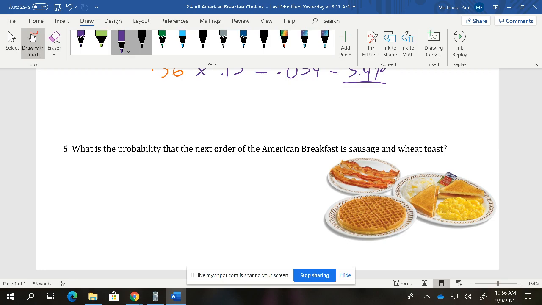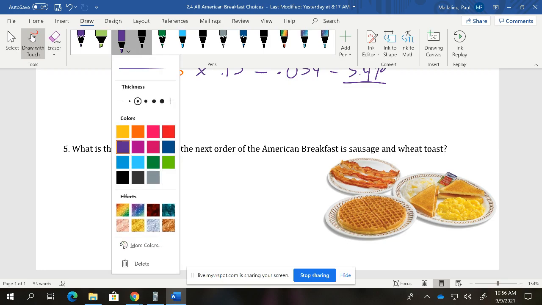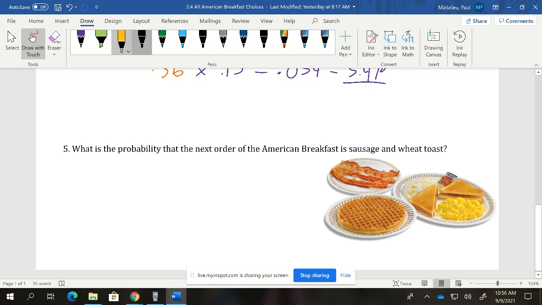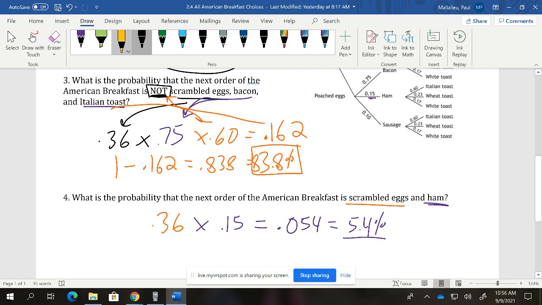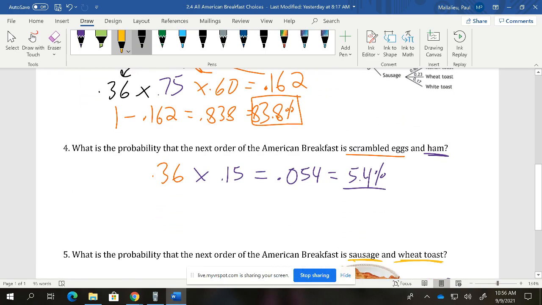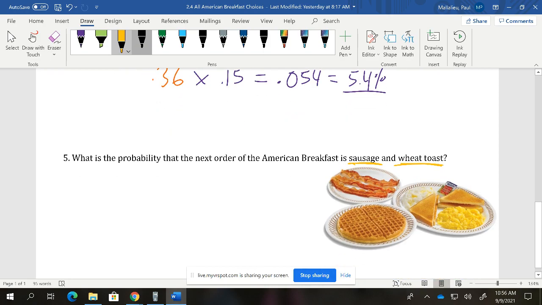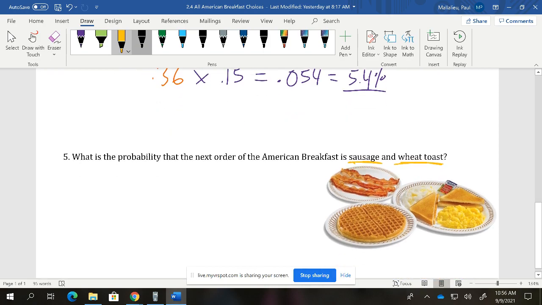All right, so from there, we would take the probability of sausage and wheat toast. All right, so sausage, let me get it on my screen here, is 0.10. Wheat toast is 0.17. So both very small percentages, the smallest of the options there.